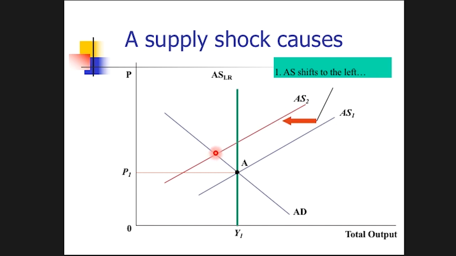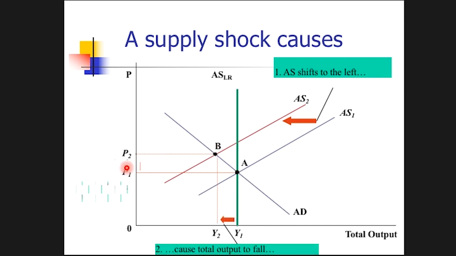For example, the AS shifts to the left and we have the new equilibrium at point B. So at the new equilibrium, the economy has higher price and lower output.